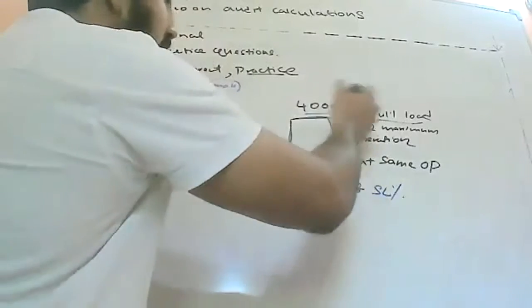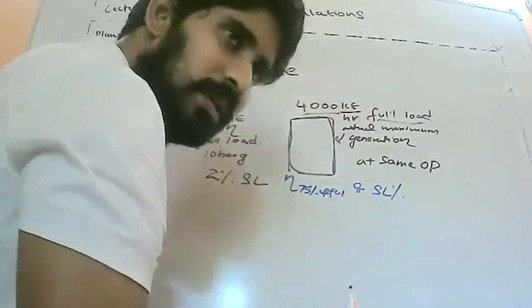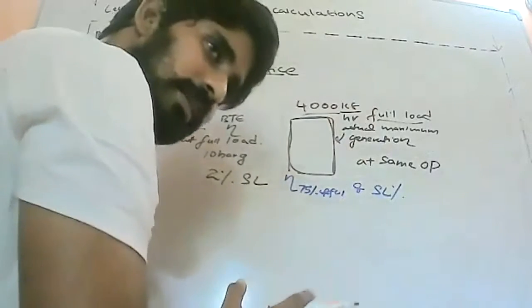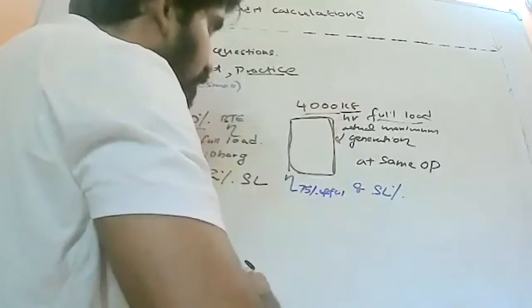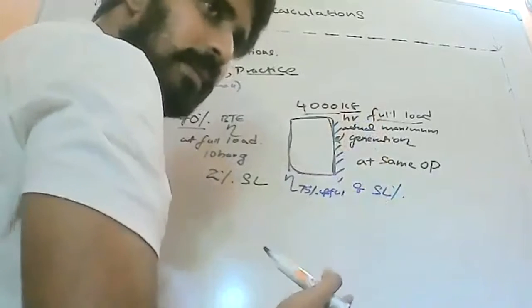Different load means at 4,000 kilograms per hour or at 3,000 kilograms per hour. At any load, at the same pressure, the surface temperature is heated to the same value.